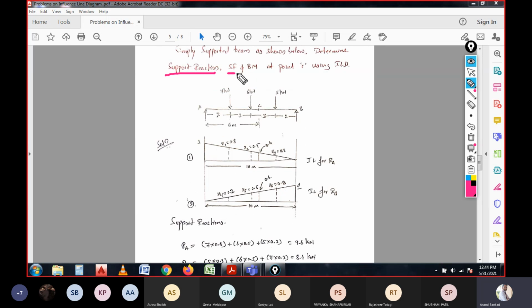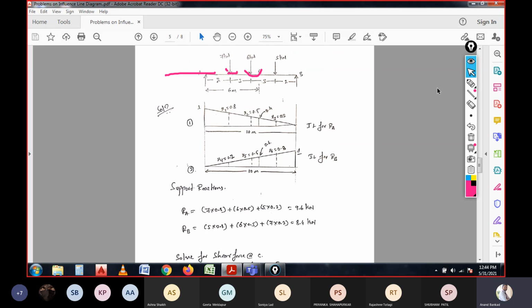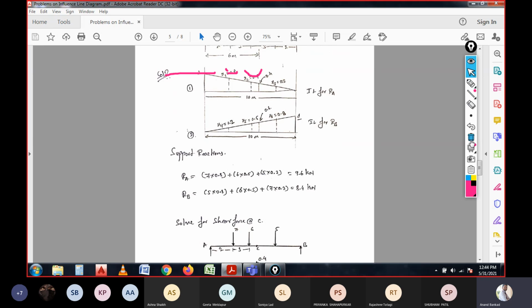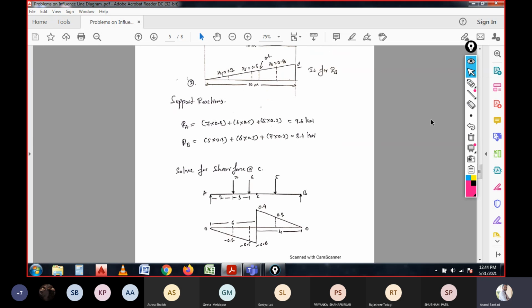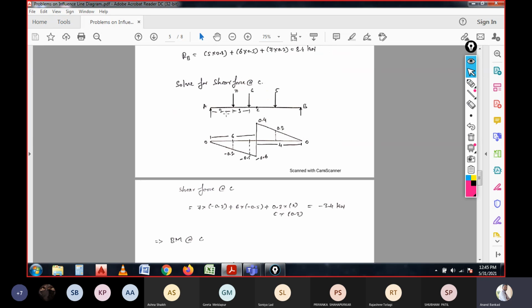Now we need to calculate the shear force and the bending moment, right? For this, we need to have a shear force section. As we have already discussed, the shear force section is to be considered in this manner at the section where we are going to calculate the value.